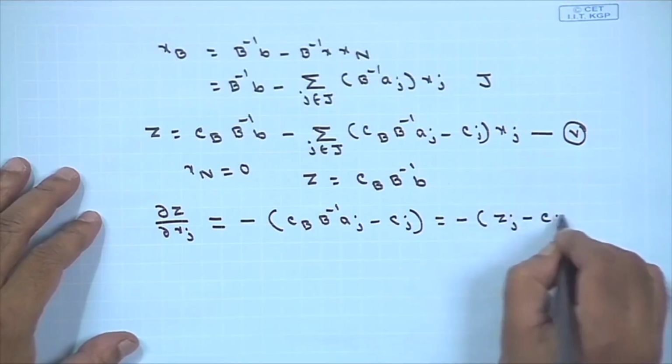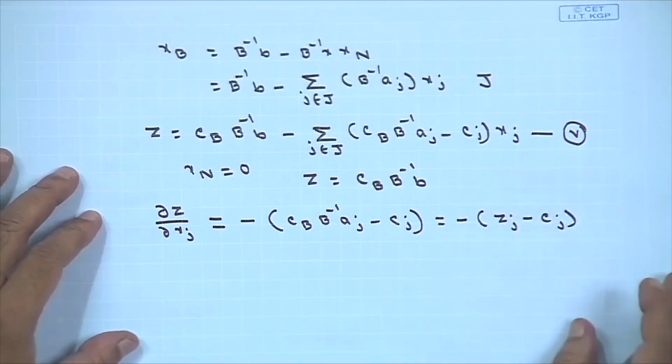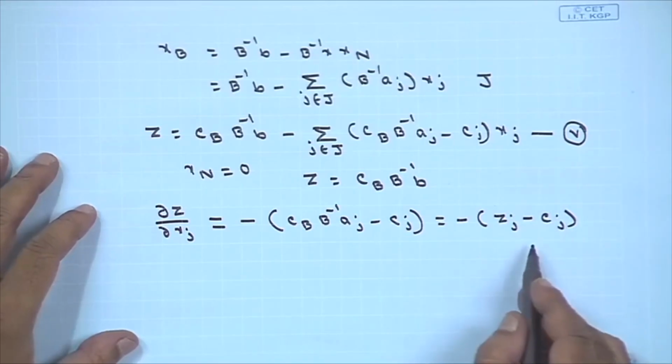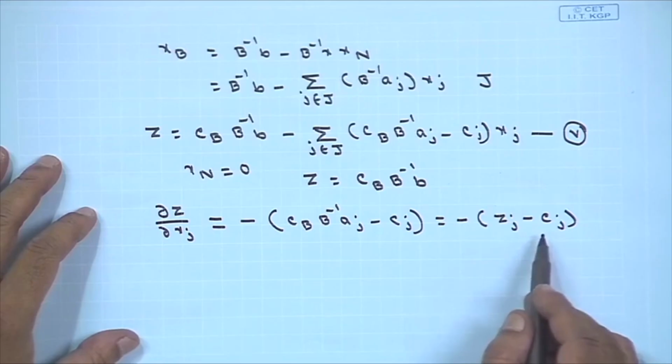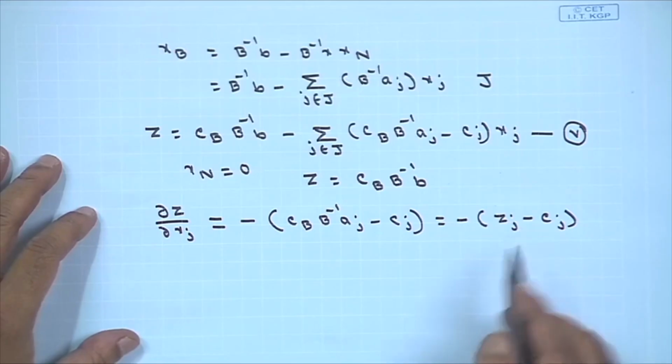So, this becomes minus (z_j minus C_j), where z_j minus C_j represents the reduced cost value for the jth index.